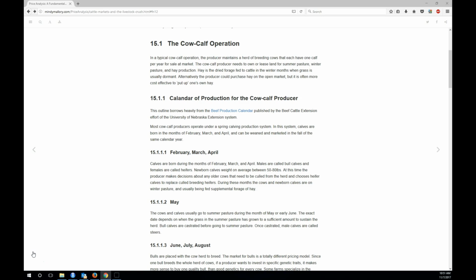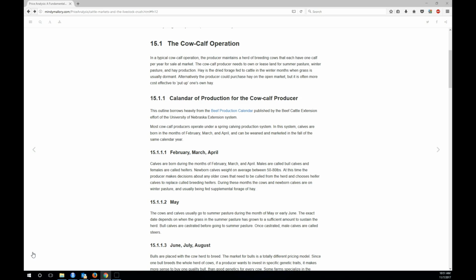So, if you don't know, hay is the dried forage that's fed to cattle during the winter months when the grass is dormant. There is some amount of cow-calf operators purchasing hay on the open market, particularly when there's a short crop of hay, but it's usually more cost-effective for a farmer or a beef cattle rancher to put up their own hay, so that's typically what's done.